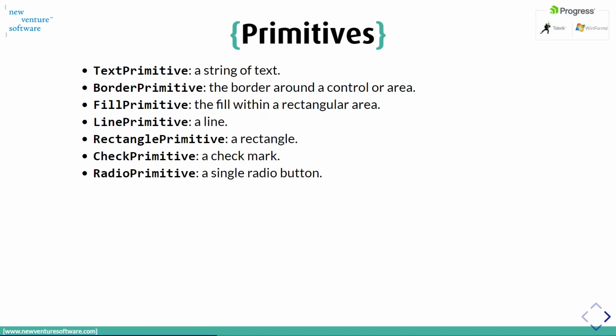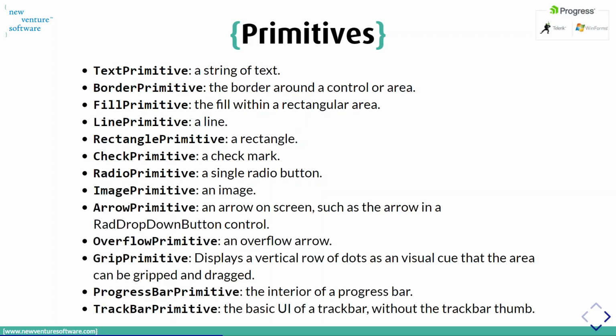And also we have a check primitive that represents a check of a checkbox, and the radial primitive, which represents the radial ellipse. And when we need an image, we can use the image primitive. And those are some other primitives that are used in things like an arrow in a RAD drop-down button, or an overflow indicator, or just a grip, or the progress bar. So those are small atomic elements, primitives that you can arrange to form a bigger control.